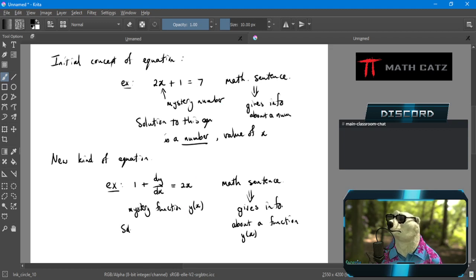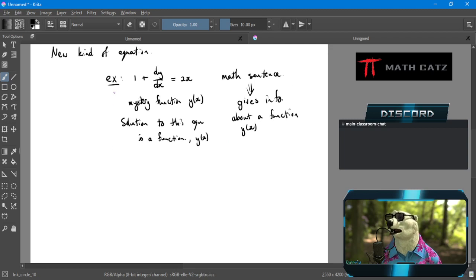So the solution to this equation is therefore going to be a function. Now that's going to be the function y of x. Now, yes, it depends on the complexity, just like before, where I could have multiple answers, but those answers are all going to be functions.